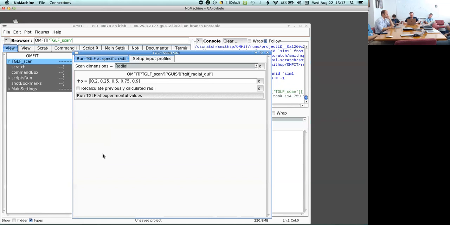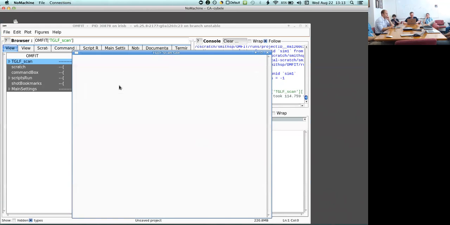After that, we're going to propagate those uncertainties through the computational model, come up with a heuristic model to approximate the relation between the response and the inputs of TGLF, and then compare the probability distribution of the response values, for instance the heat fluxes, against the experimental values. The only difference compared to the TGLF scan module is that instead of doing a 1D or 2D scan, we're going to apply the UQ over here.